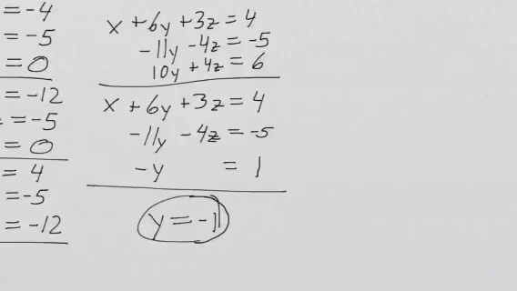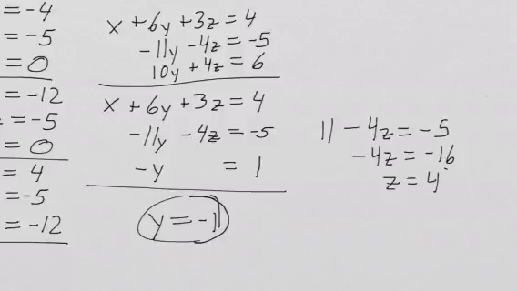So that gives me -11 times -1, which is +11, minus 4z is equal to -5. Subtract 11 from both sides, so I get minus 4z is equal to minus 16. Then divide both sides by -4. z is equal to 4.